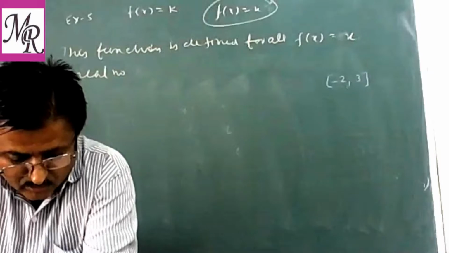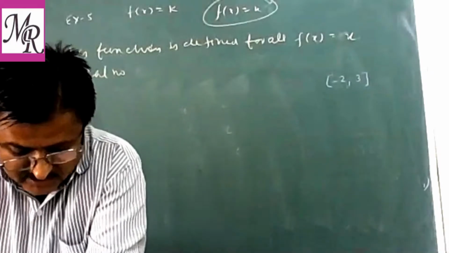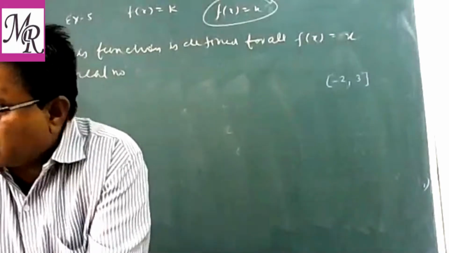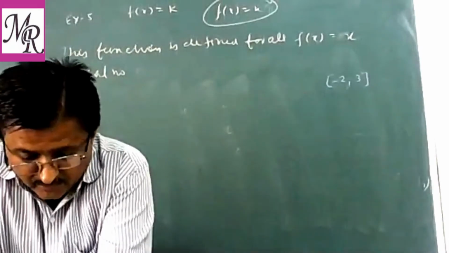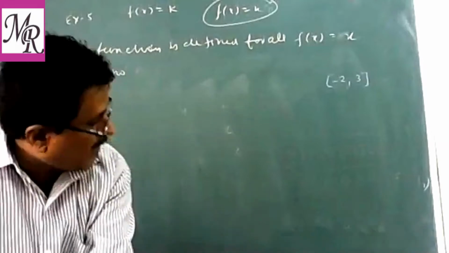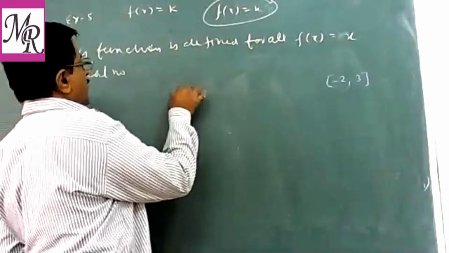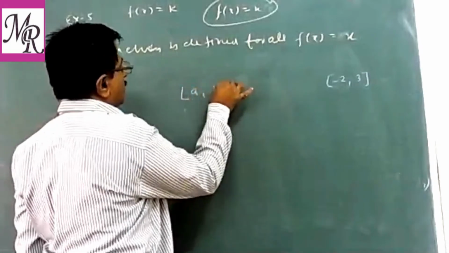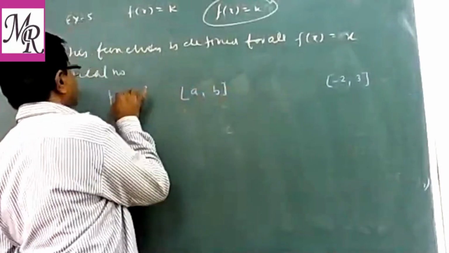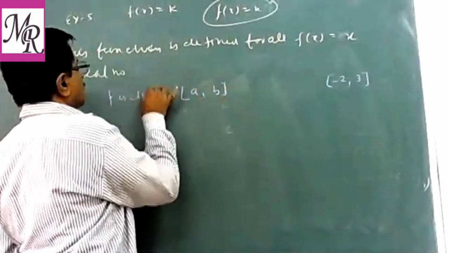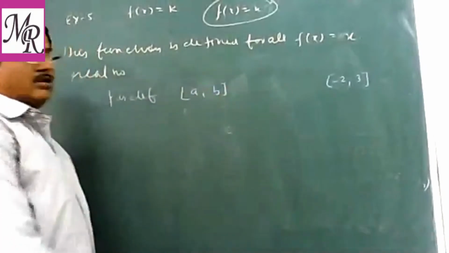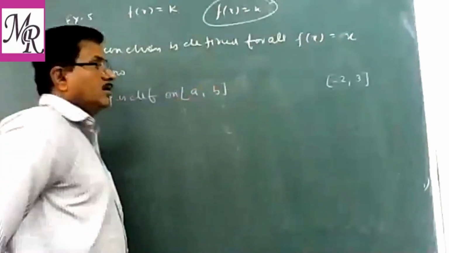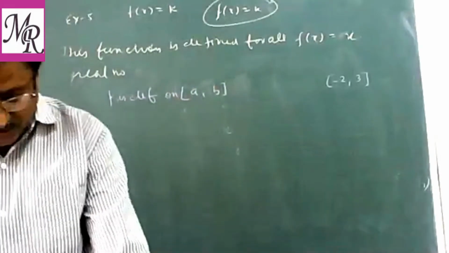So if you want an elaboration of this definition, suppose f is a function defined on a closed interval a comma b. Suppose we are given a function f which is defined on the closed interval a, b.